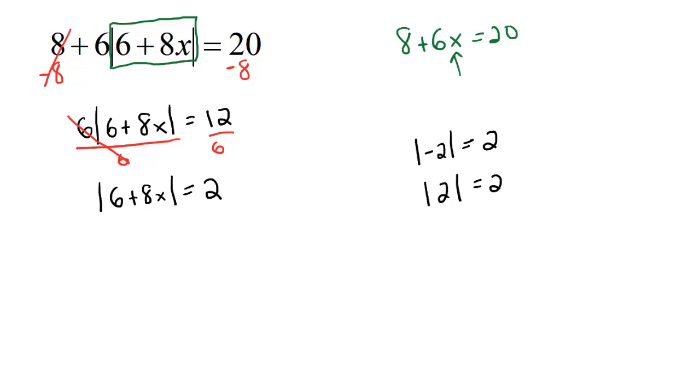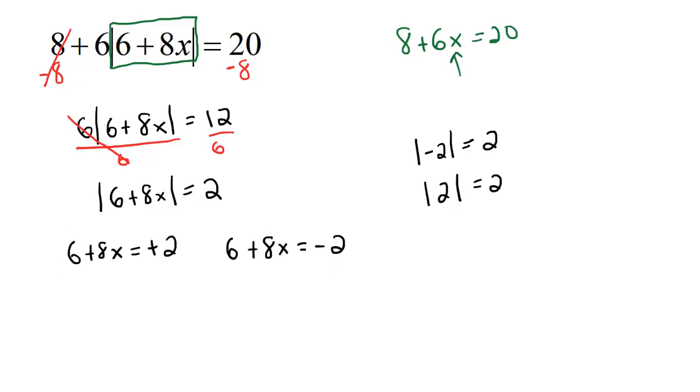So we have to take into account this negative version and this positive version. So let's rewrite 6 plus 8x, and that will be equal to positive 2, so that will be the positive version. And then we write 6 plus 8x again, but that's going to be equal to negative 2, and that's representing my negative version. And we just solve this like normal.